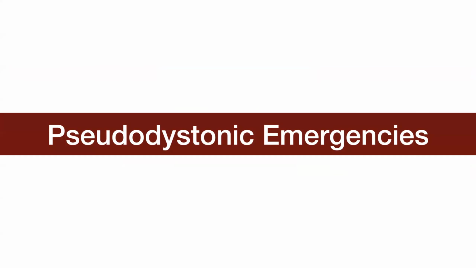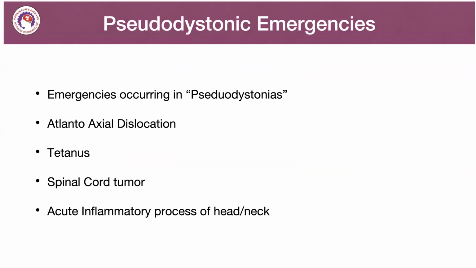managed. In addition to any of the medical disorders where genuine causes are there, there can be mimickers, which can be kept in mind. These can occur due to various situations, and we need to keep them in mind, especially when it comes to acute onset dystonias, which could be pseudodystonias due to atlantoaxial dislocations, tetanus, spinal cord tumor, acute inflammatory process of head and neck, especially in children who commonly have throat or ear infections presenting as dystonic presentations.